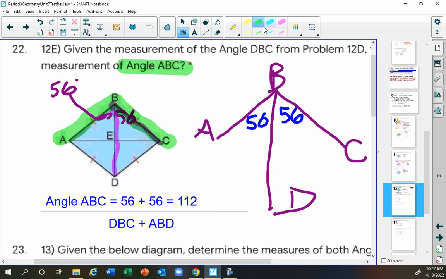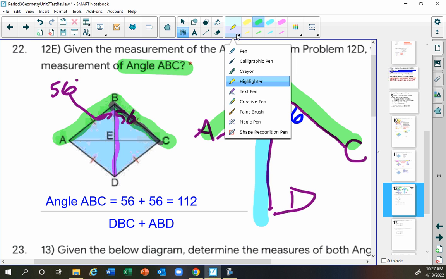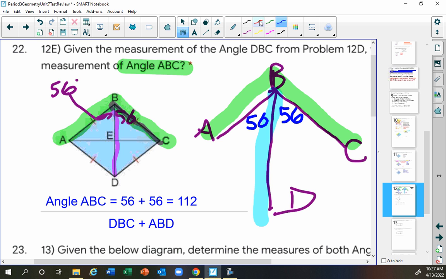Your diagonal bisector, boom, right in the middle. We found out this guy was 56. The other one has to be 56. And then ABC is that entire angle. This is going to be the whole entire thing. 56 plus another 56. That's how we get to 112.